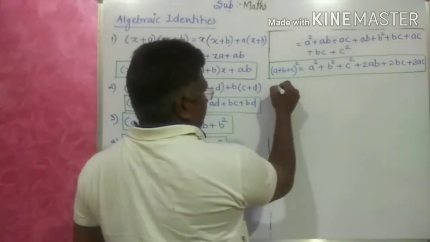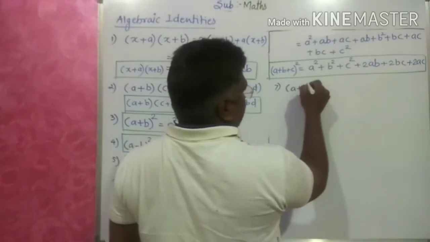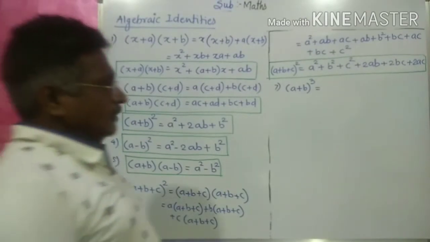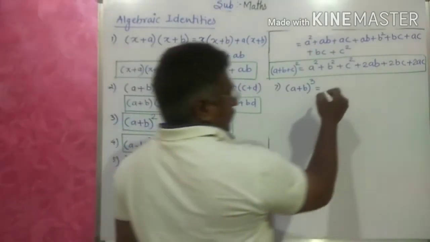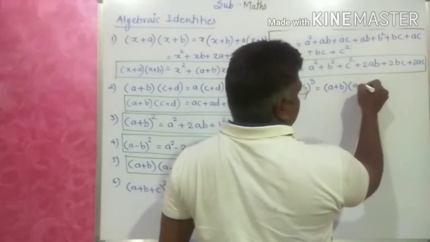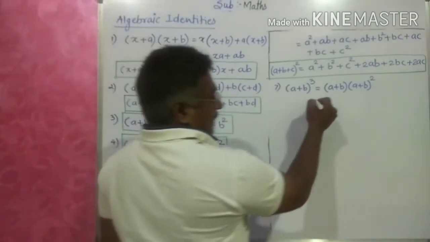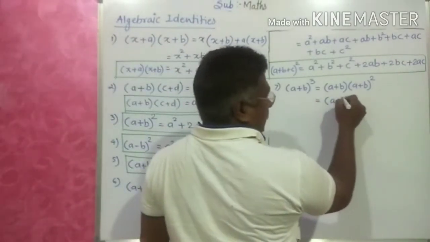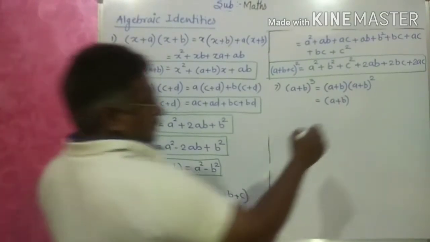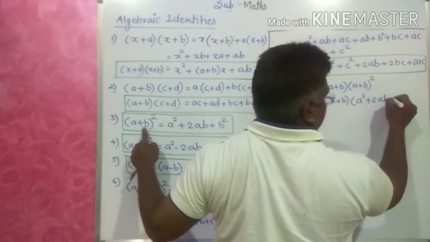Seventh identity, (a plus b) whole cube. (a plus b) whole cube means (a plus b) into (a plus b) whole square, and that square is a square plus 2ab plus b square.